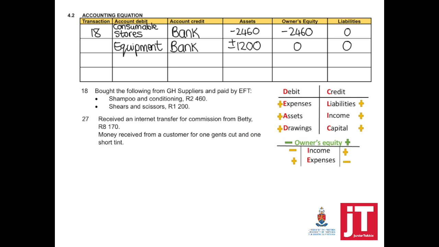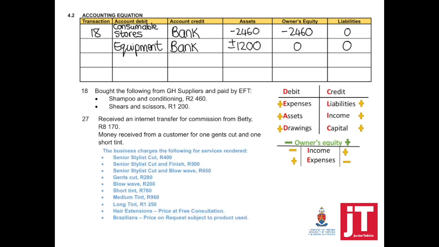Day 27. Received an internet transfer for commission from Betty, 8,170. And then on the same day, money received from a customer for 1 gents cut and 1 short tint. So the first part of this transaction, money was received, therefore bank is debited, account credited, commission income.